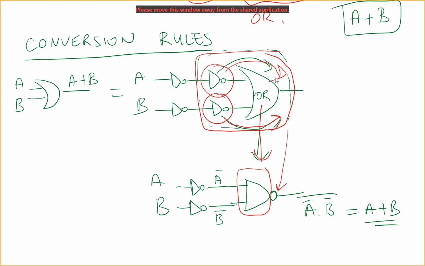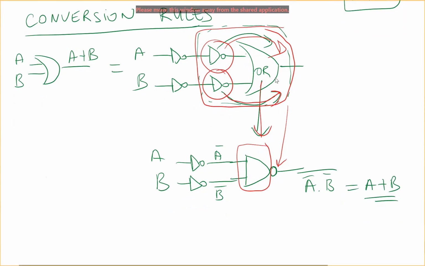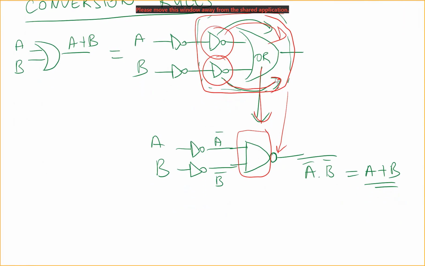So this is one rule. If we push the NOT gates from input to output, the OR gate will become an AND gate, and we will have a NOT gate at the output.